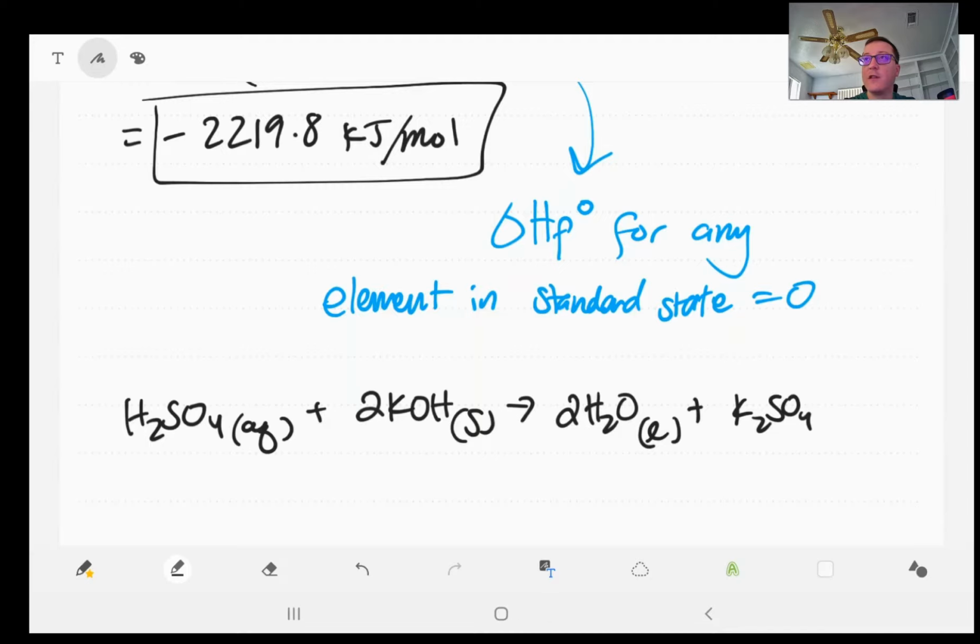Delta HF potassium sulfate. Did we get a number? K2SO4. Oh, the problem is I'm seeing people using hydrofluoric acid. Just give me the number.